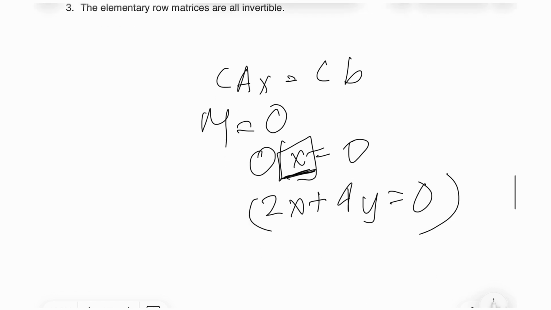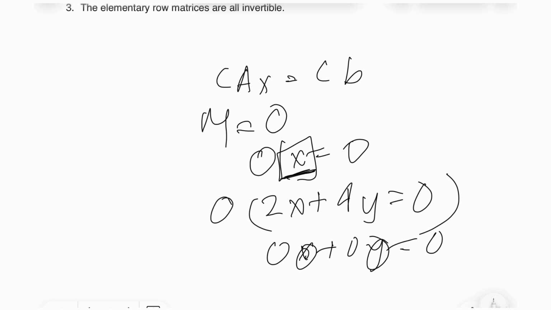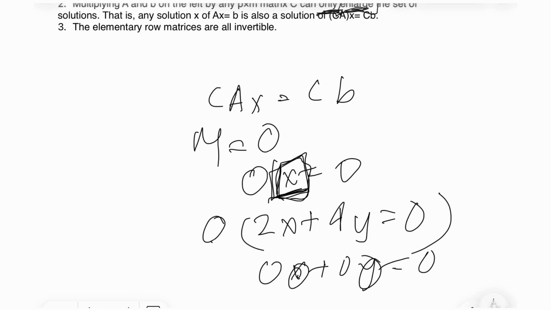If I multiply this by 0, what am I doing? I'm still writing x, but basically everything is 0, so it doesn't matter what x is. If x is 1,000 or a billion, it's all going to be 0 since I multiplied by 0. So this is how I've made the solutions infinite. I've enlarged it.